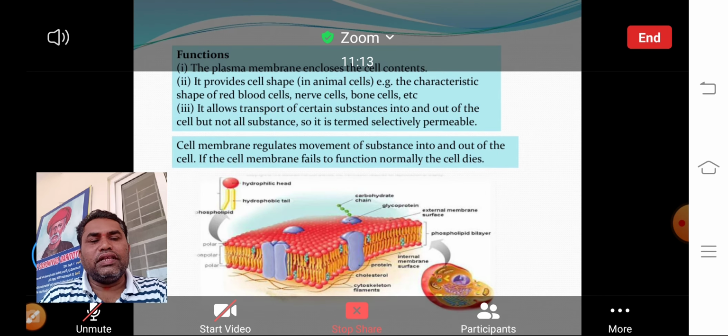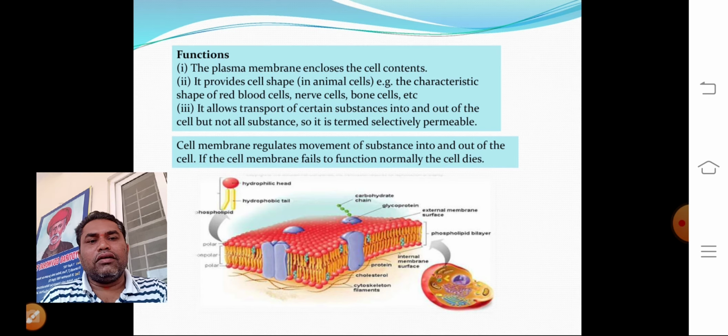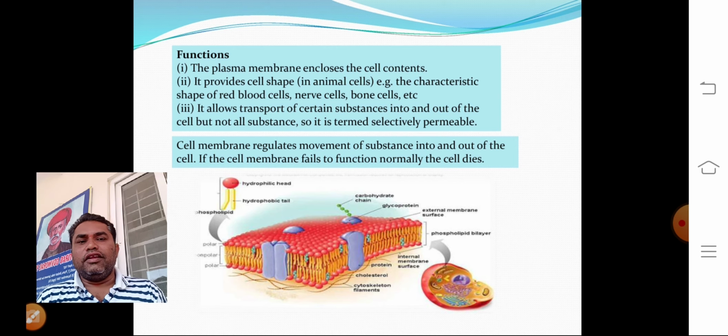Some of the proteins are present along the total bilipid layer from outside to inside; they are intrinsic proteins. Some of the proteins are present only on the surface of the bilipid layer; they are called extrinsic or peripheral proteins. So the plasma membrane is composed of two chemical components, proteins and lipids.